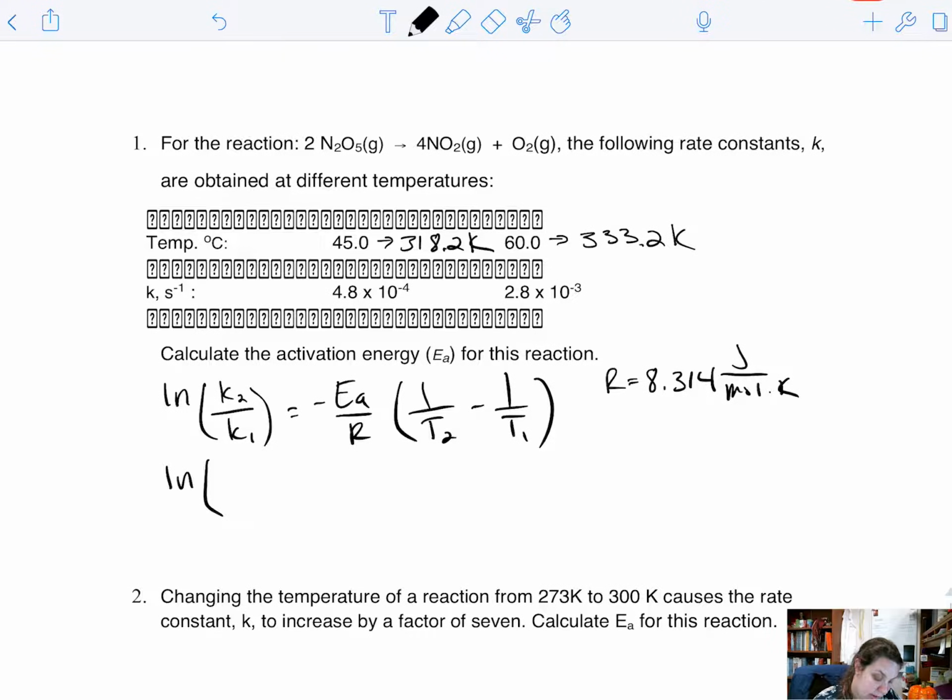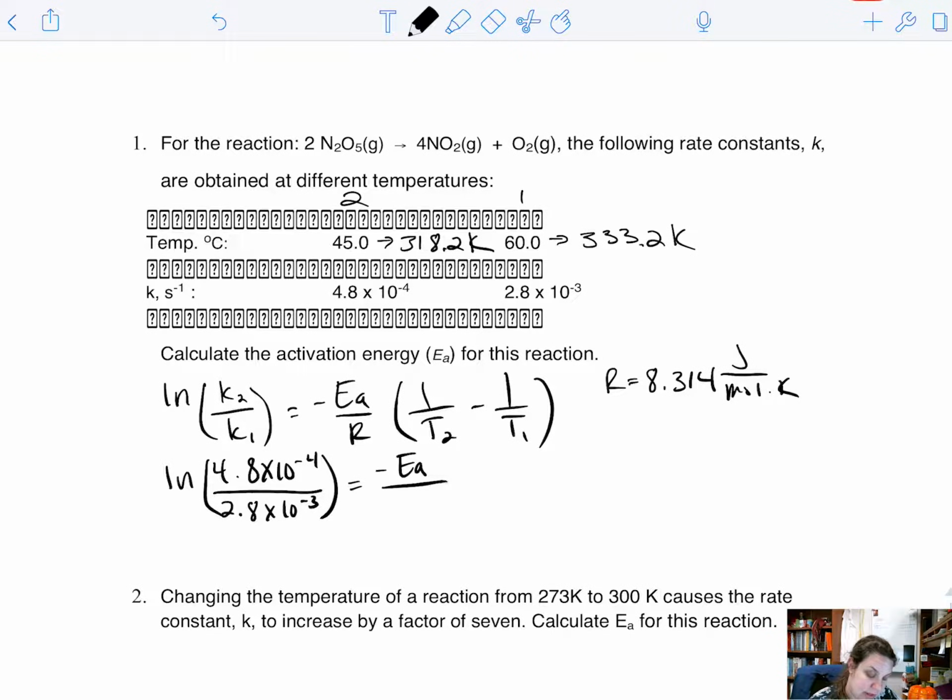So we have ln of 4.8 times 10 to the negative 4 divided by 2.8 times 10 to the negative 3. Again, it doesn't matter which one you use as long as you stay consistent.